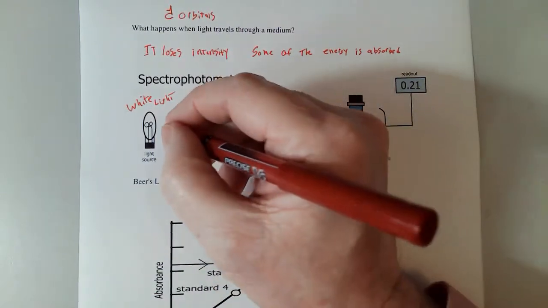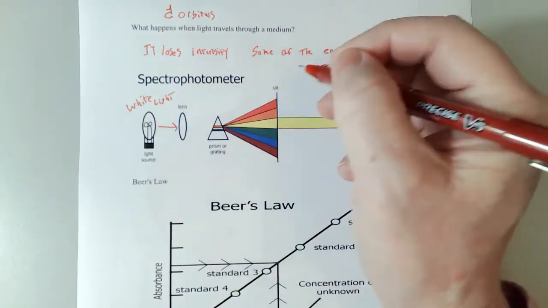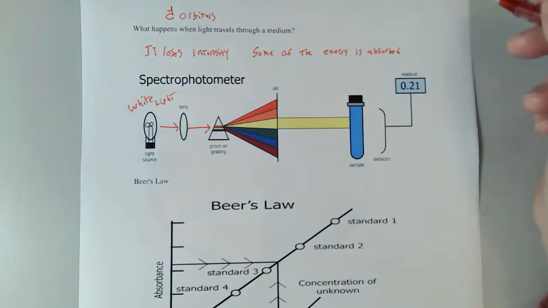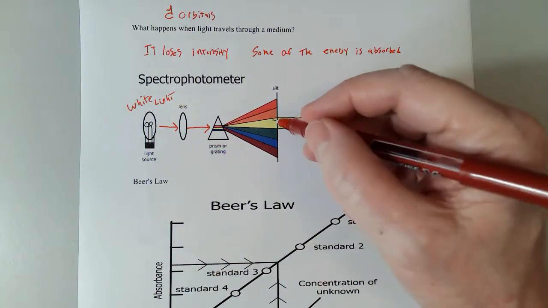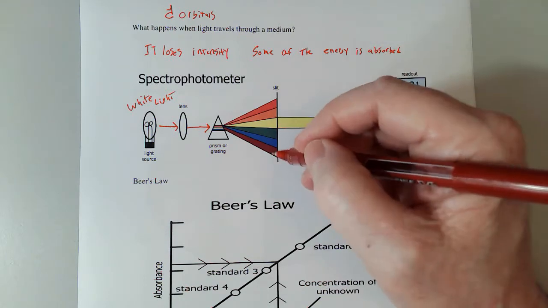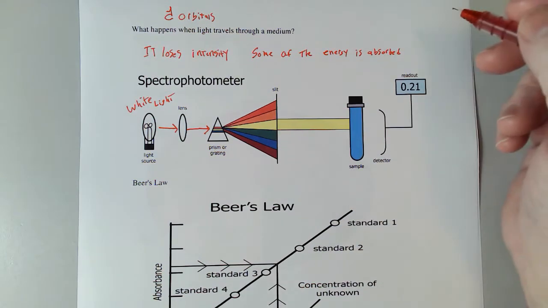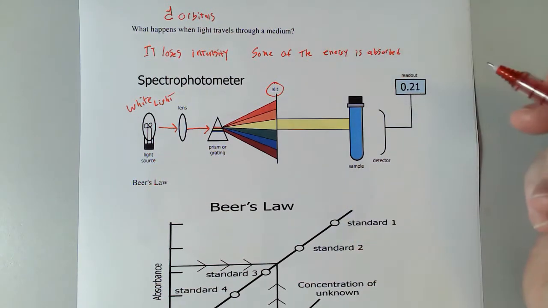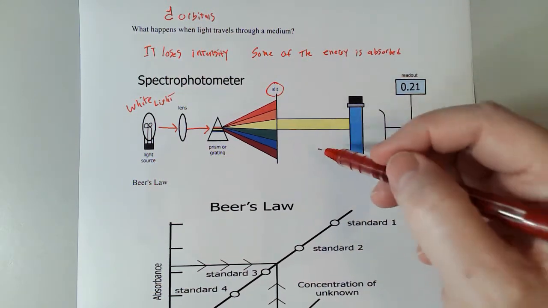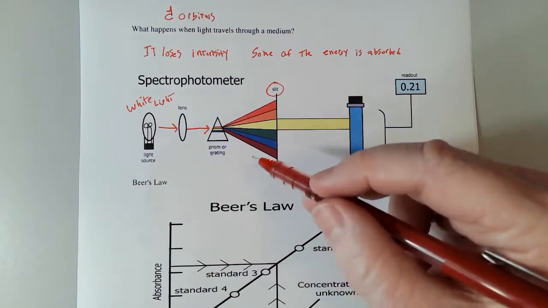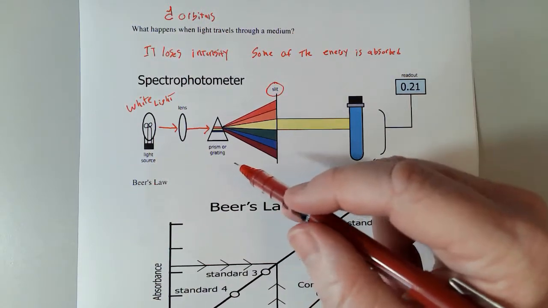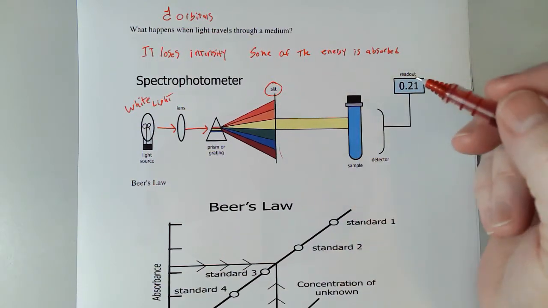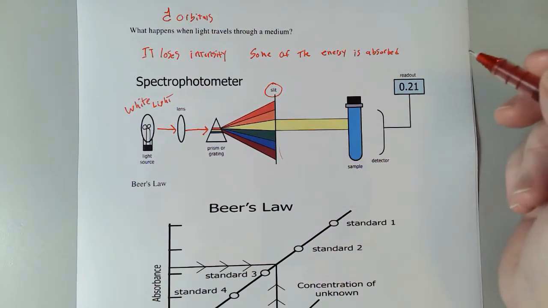Now, that light goes to a lens that focuses it into a prism or a diffraction grating of some type and spreads it out into a classic continuous spectrum. Now, through a control, a little slit here, we can adjust what color light is coming out of this little wall here that blocks it and into our sample.